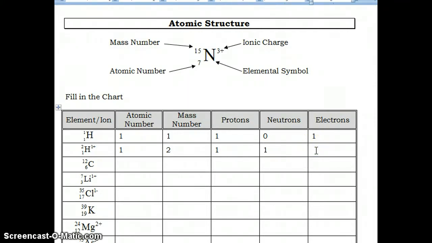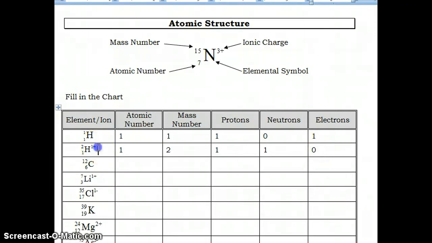Now the problem with this is my hydrogen now has a positive 1 charge, which means that my protons plus electrons has to lead to a positive 1 charge. The only way that can happen is if there's not a negative charge to balance out, which is going to mean that I put 0 electrons here.